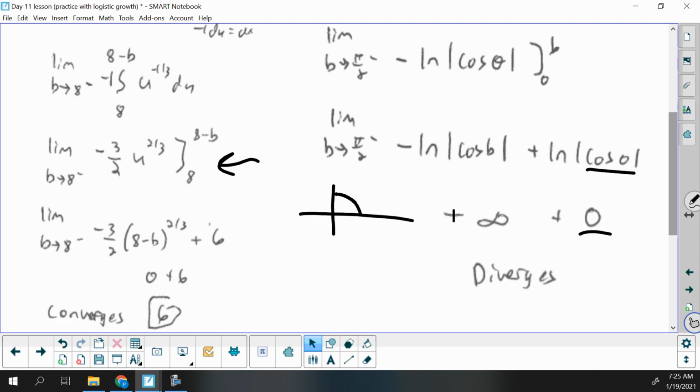Cos, as we approach pi over 2 from the left, we are approaching 0, but think of it as tiny positives. So we're basically approaching 0 from the positive side. So now your natural log graph, as you approach 0 from the positive side, is a negative infinity, times that negative will give us a positive infinity, therefore that diverges.